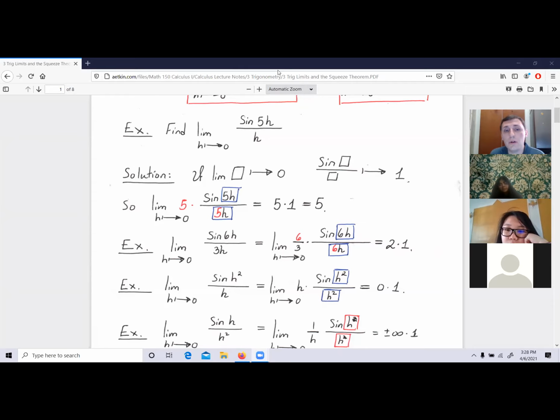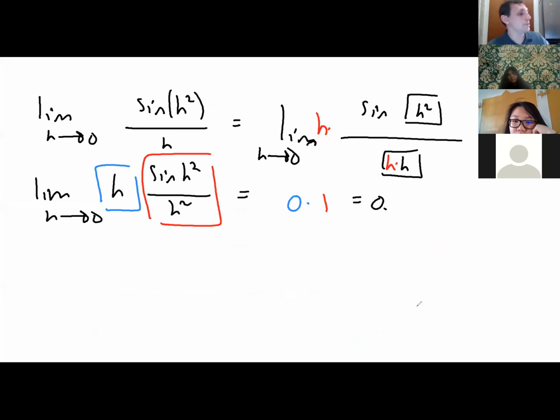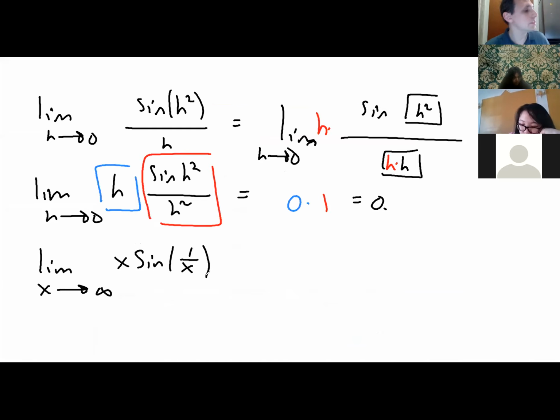And then let's see, maybe one last question, guys. Would you tell me, please, now what is the limit as x goes to infinity of x times sine of 1 over x? What's the limit? Okay, Zacharias says 0.